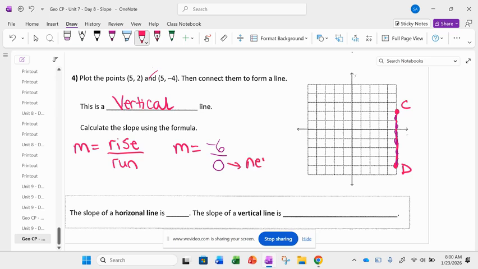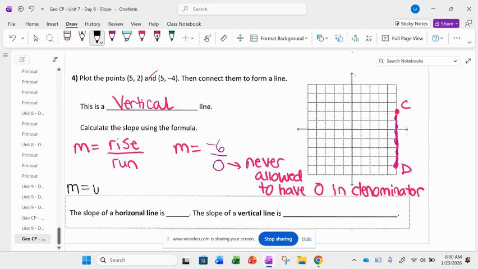So for this, when you have a 0 in the denominator, the slope is going to be undefined. Because the fraction's undefined, the slope is undefined.